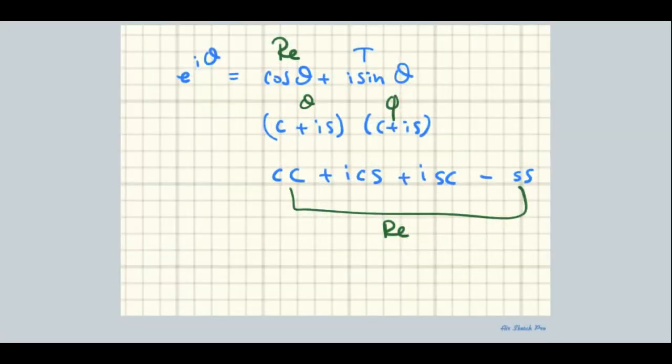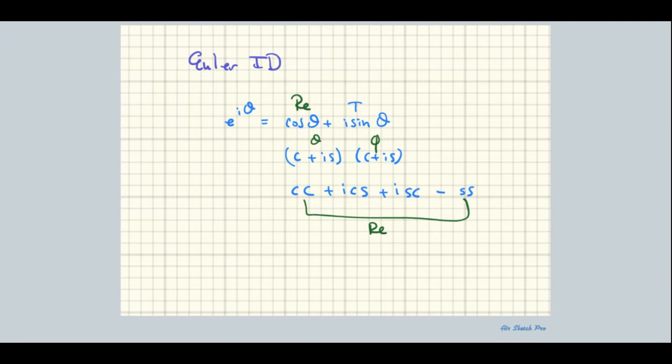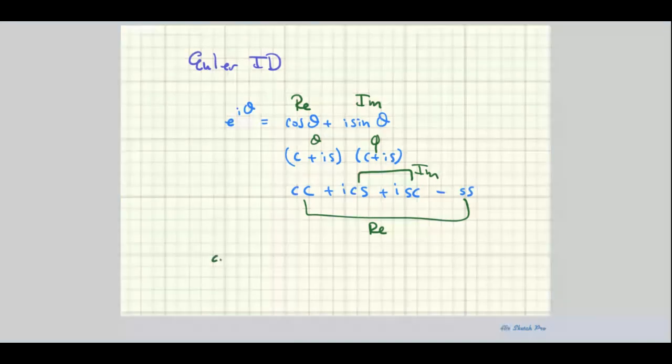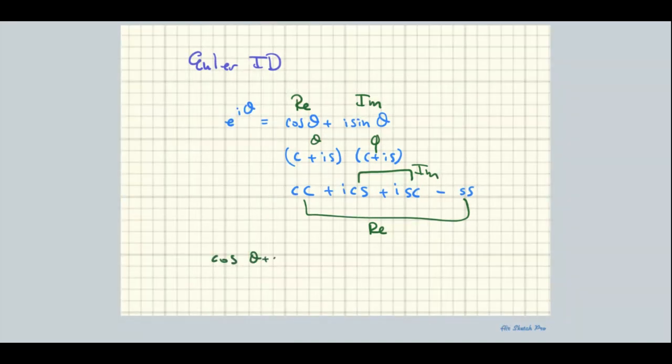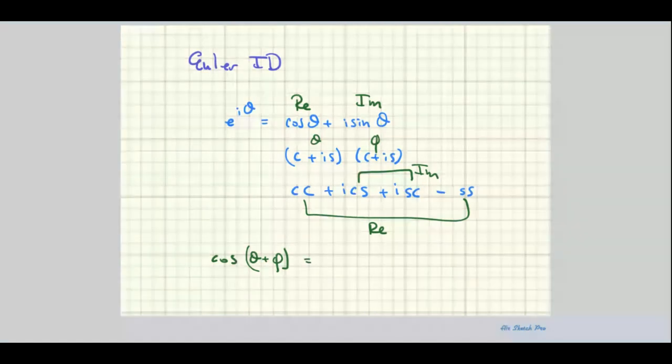Dang, I keep on punching the wrong button. There we go. Okay. And so there, now we can write the two identities very quickly. The cosine of theta plus phi, yeah, is cos cos minus sine sine.